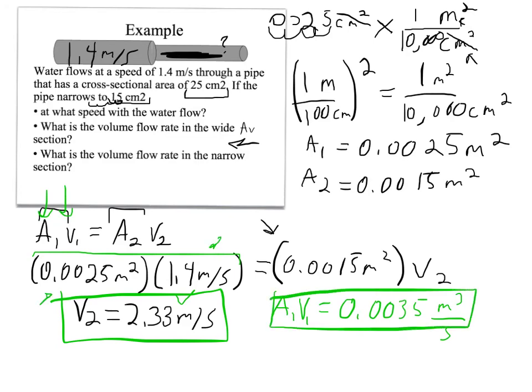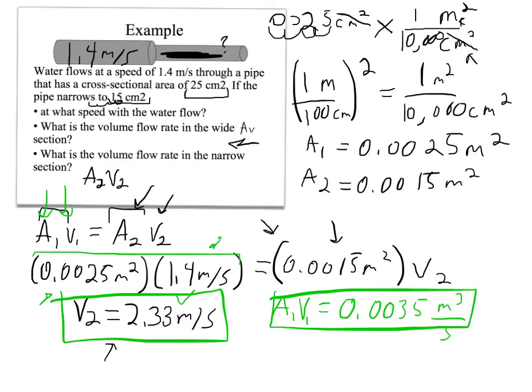All right. Now I want to know the volume flow rate in the second section. Okay. Well, that would be A2 V2. We already know A2 is 0.0015 meters squared, and we just found V2. So let's do that.